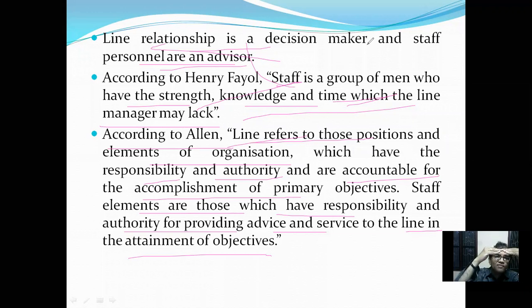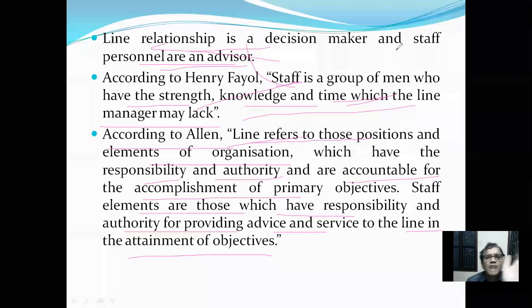Two different sets of employees will be there: line employees and staff employees. Line employees will work, staff employees will provide advice and guidance to the line employees. Here you have to remember, line employees may take their advice or not. That is left to the line employees. They may accept the advice in a good manner, they may accept the suggestions or not. It is left to them.